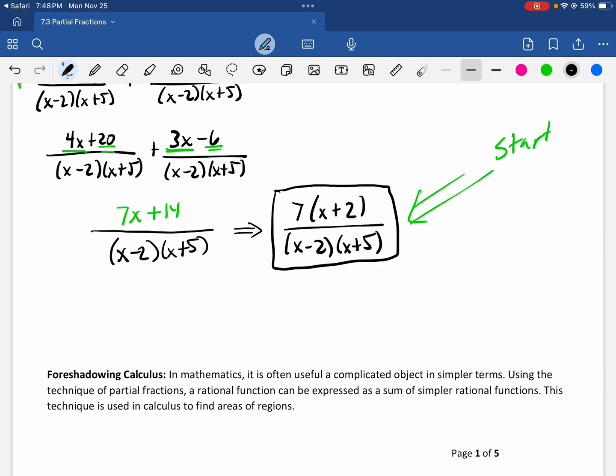This can be done through partial fractions. This technique is used in calculus to find areas of regions, which is something you're going to do quite a bit as you move forward into calculus. So being able to do partial fractions is going to be very helpful for you in that regard.